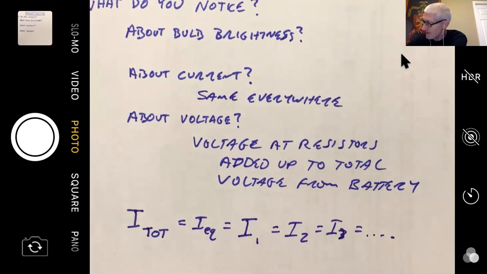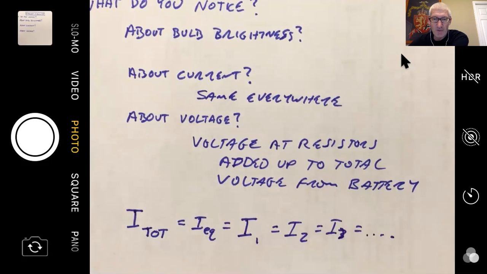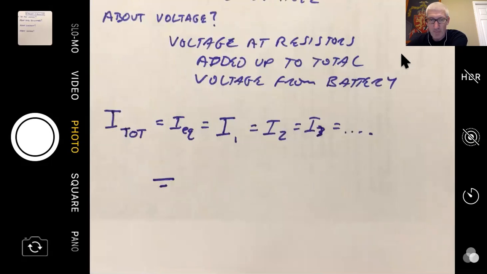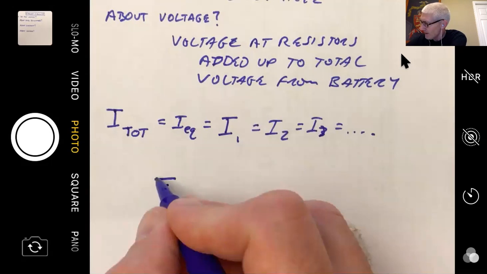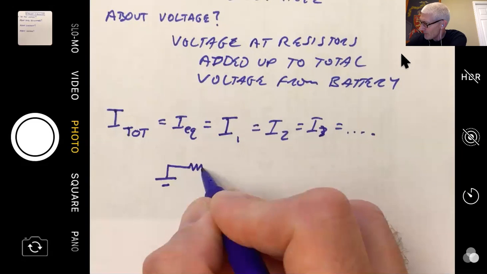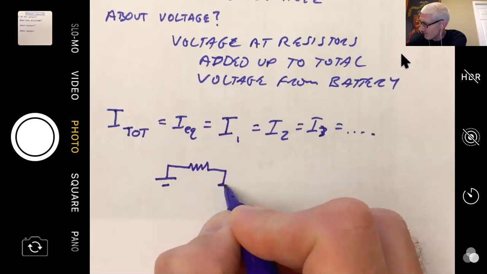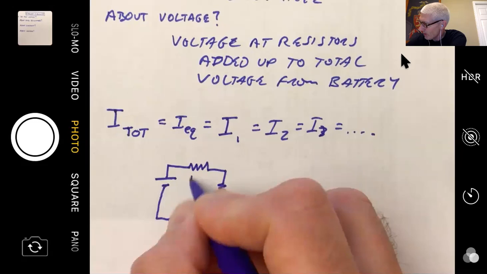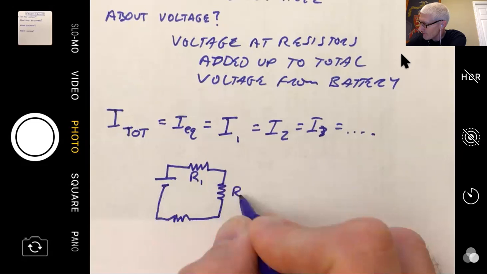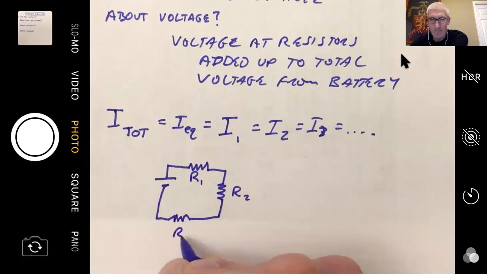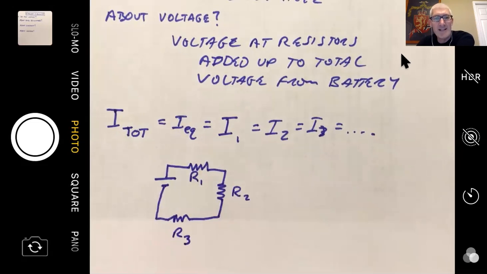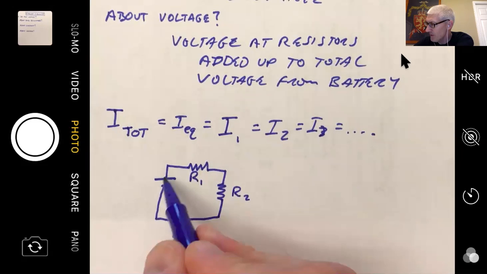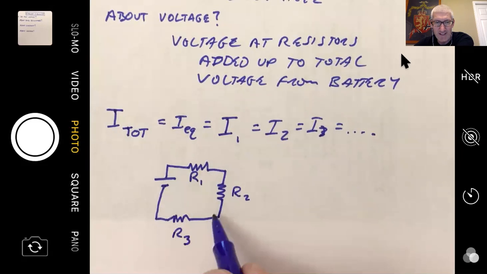I'm going to draw myself a little simple circuit down here. This is the symbol for a battery. I'm going to put three resistors in this circuit and call them R1, R2, and R3. So big idea number one for a series circuit: the current flowing through this circuit is always the same everywhere.